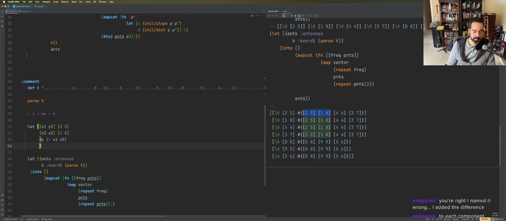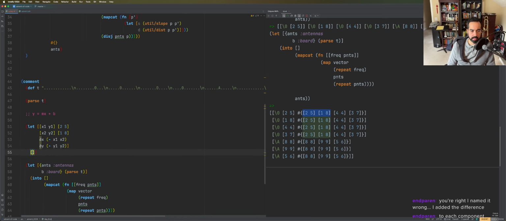And then delta y is the difference in y2, y1. I don't know if it matters which order I do it in. And so what you would want is x... ooh, you do have to get the direction correct. I think we should be good.